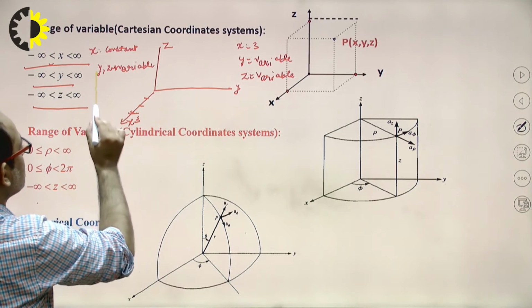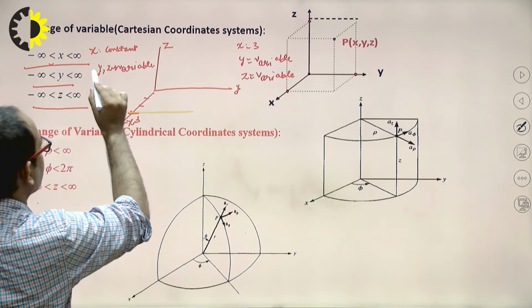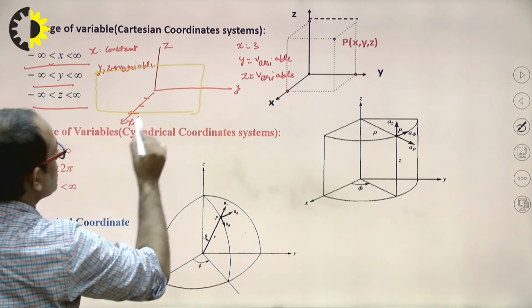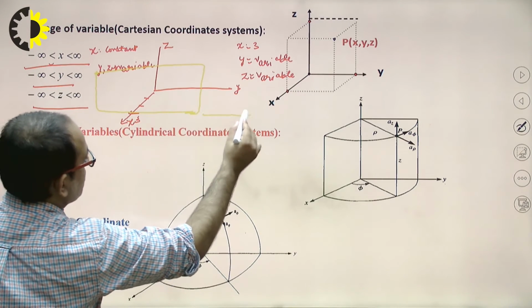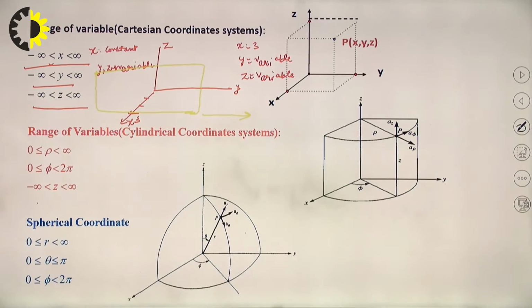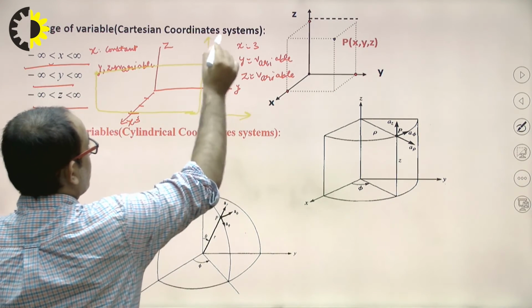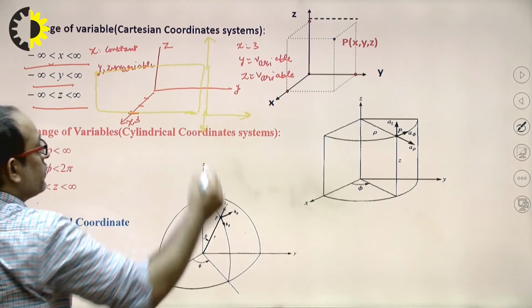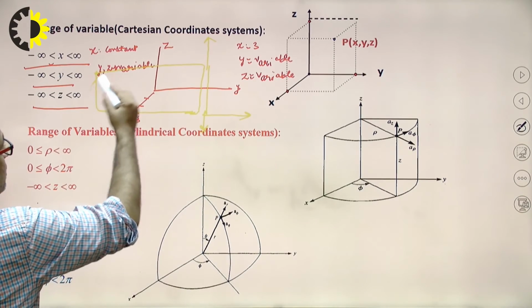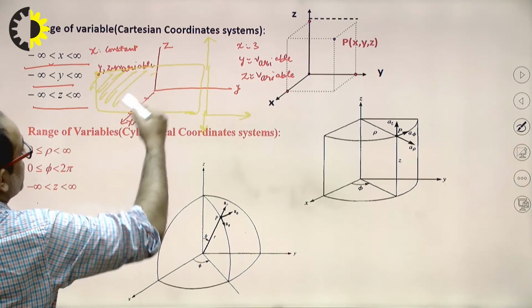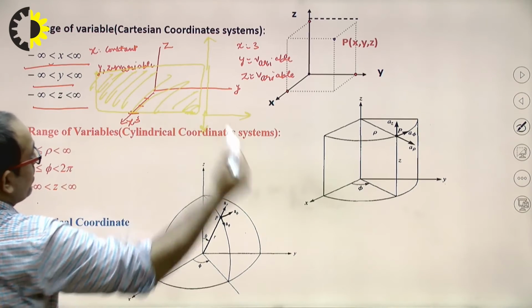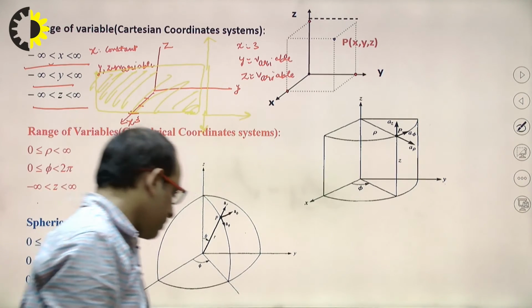You will get this one plane. In this, y is variable, it can move from minus infinity to infinity, and z will move from minus infinity to infinity. So you will get this plane. Clear?